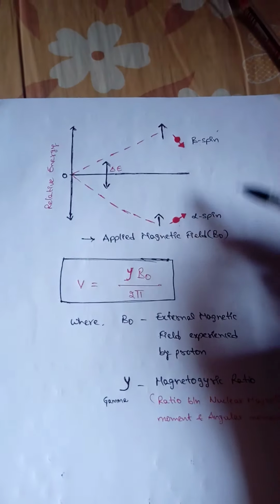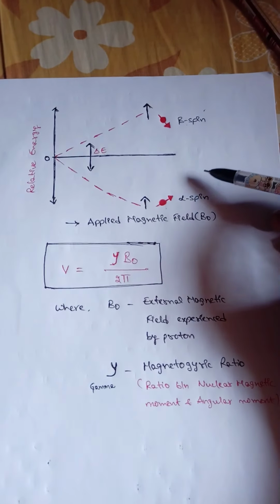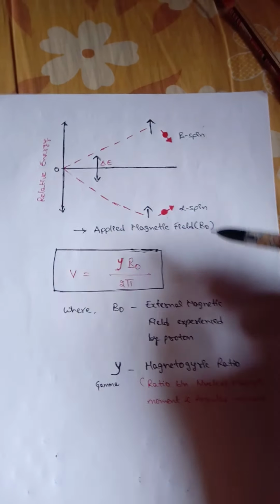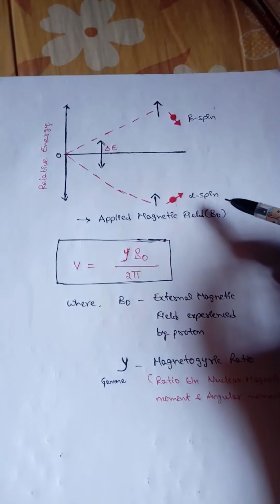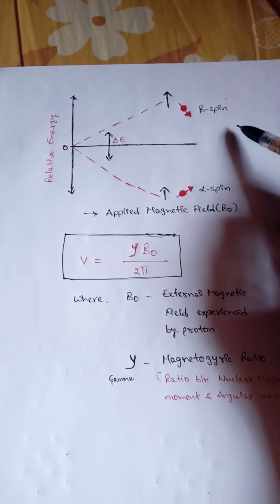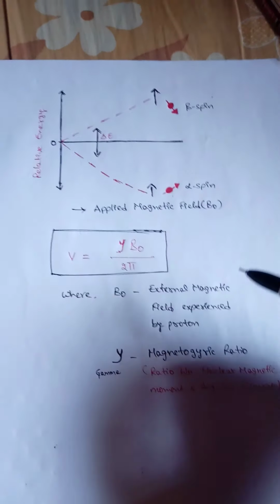When the spin returns to the ground state level, the absorbed radio frequency energy is emitted at the same frequency. That is, the emitted radio frequency signal gives the NMR spectrum of the concerned nucleus.